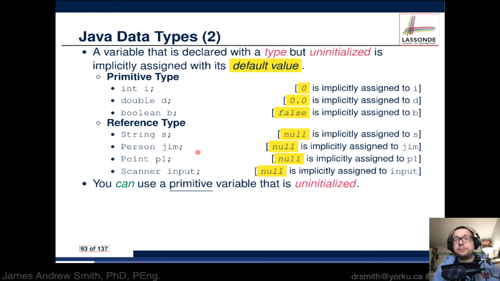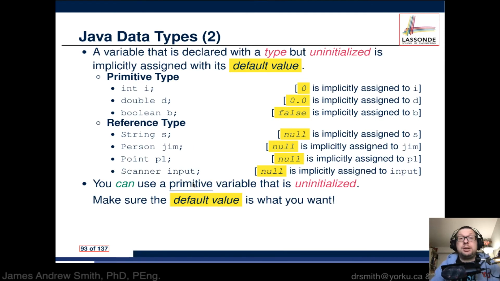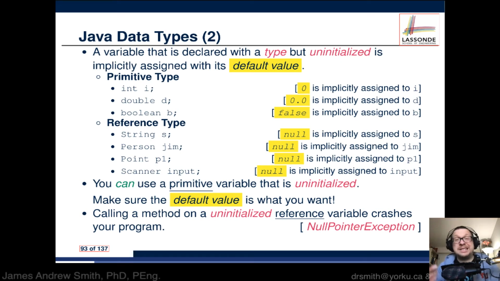Even though we are setting these up without initializing their values, we can still use them. But if you do this, you have to make sure that the default value, like null or false or 0, is actually what you want. Generally, you want to set it up properly with an explicit value, just so you're certain how it's starting up.